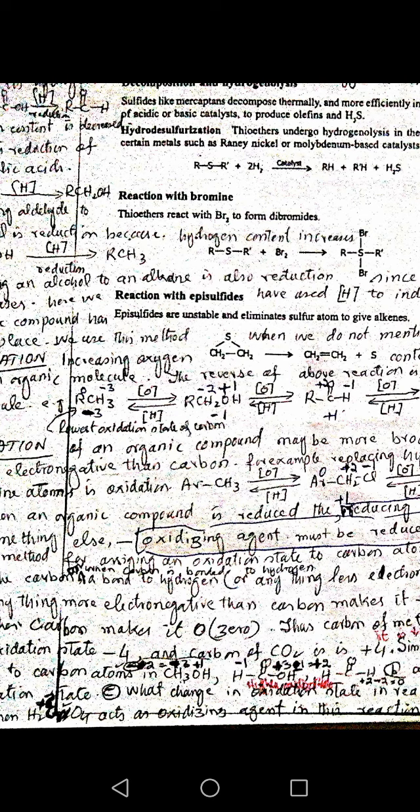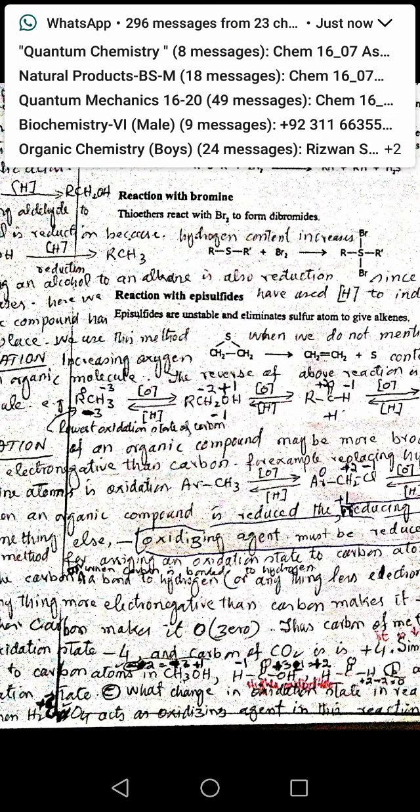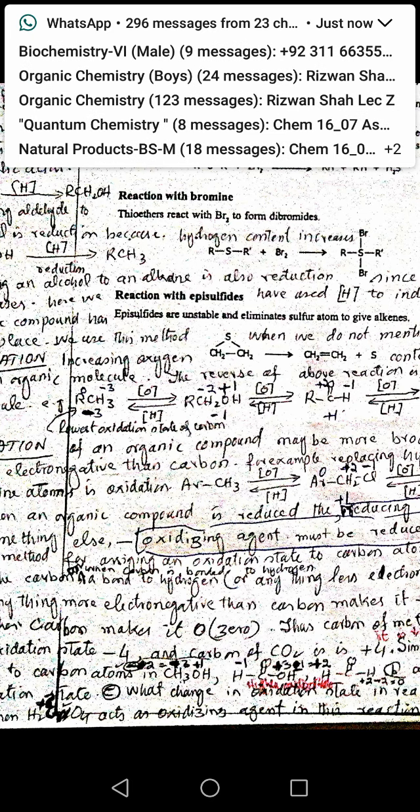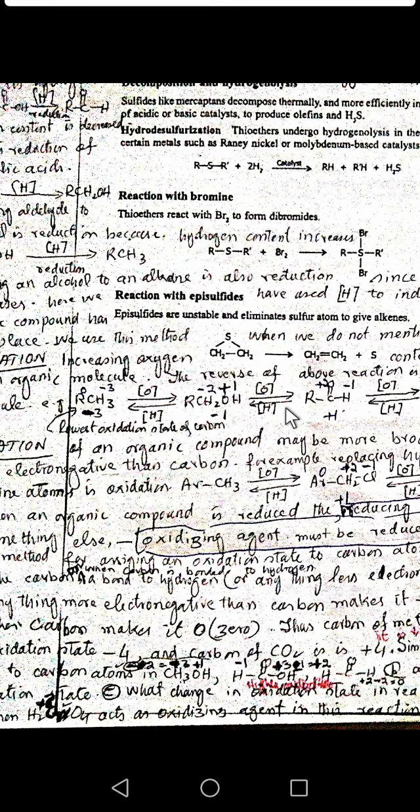And hydrogen is what? Less electronegative than carbon. Less electronegative as compared to carbon. So what has happened when primary alcohol is changed into aldehyde?